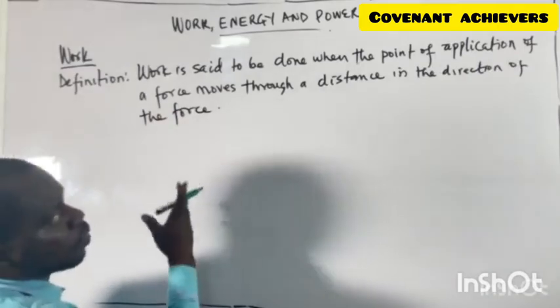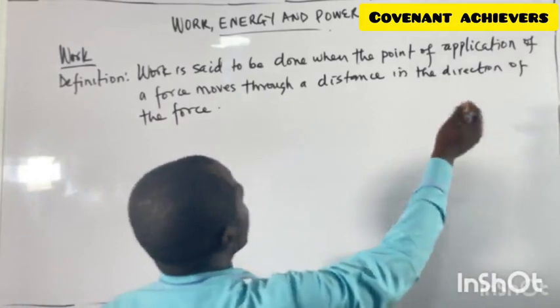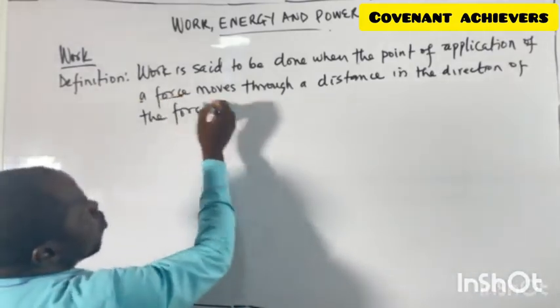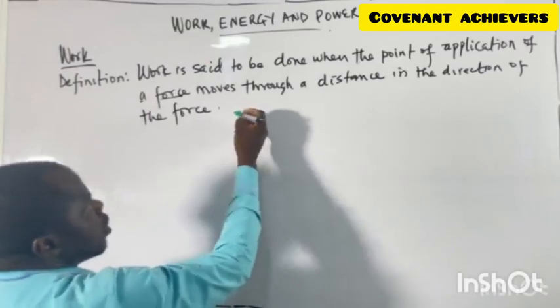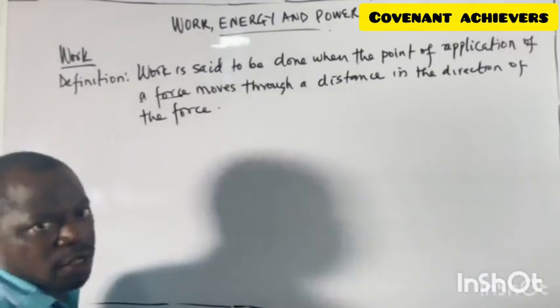Now this is how we define work. Work is said to be done when the point of application of a force moves through a distance in the direction of the force, and that is how we can define work.